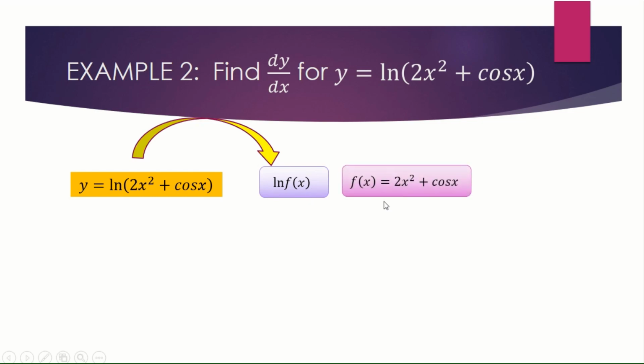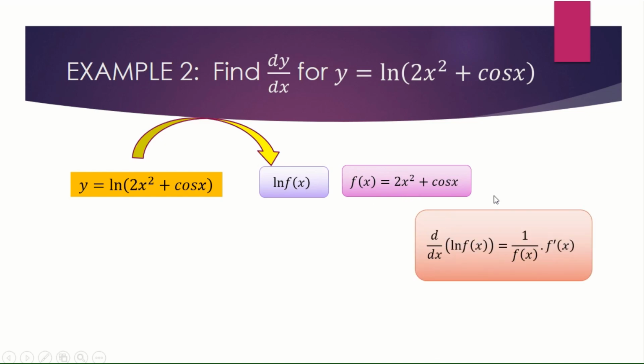Therefore, when we differentiate ln f(x), we get 1 over f(x) times f prime x. And for f prime x, differentiating f(x), we get 4x, and differentiating cos x, we get negative sine x.